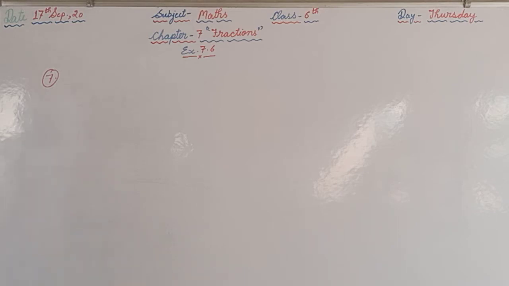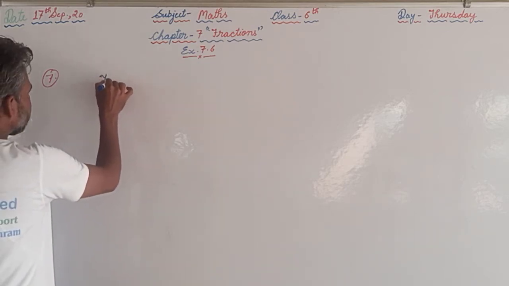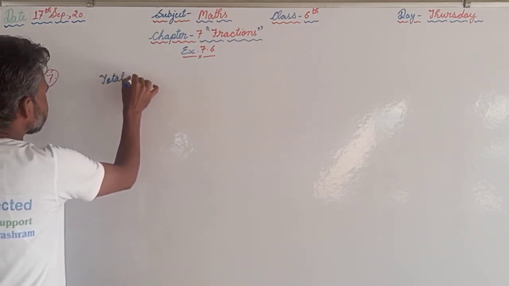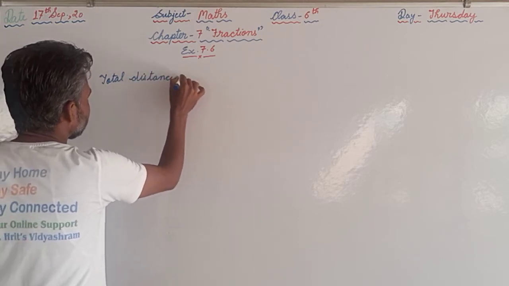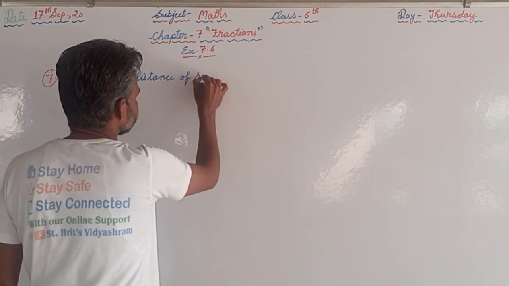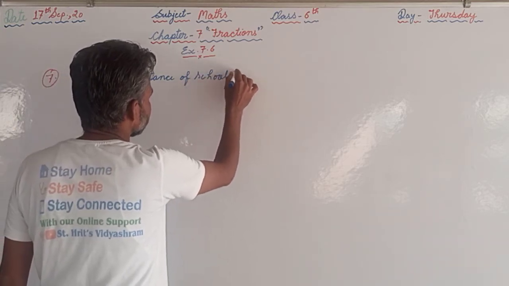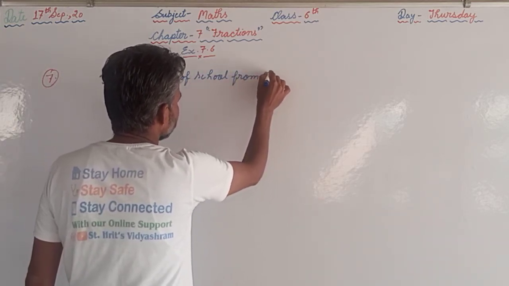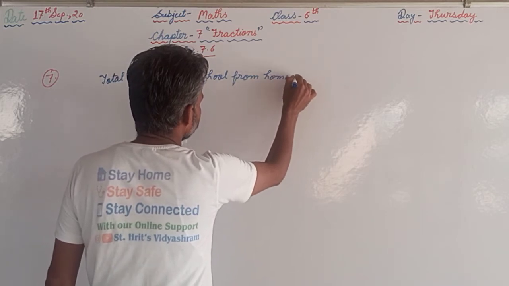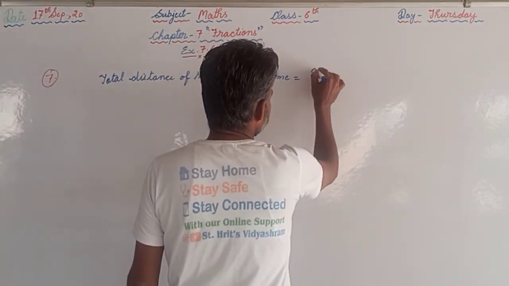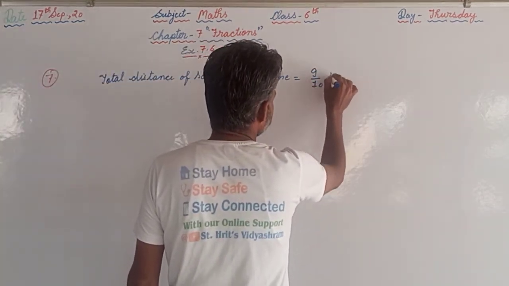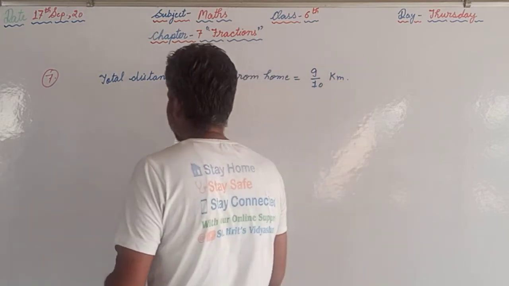Total distance to be covered. Total distance of a school from home is equal to 9/10 kilometer, 9 upon 10 kilometer.